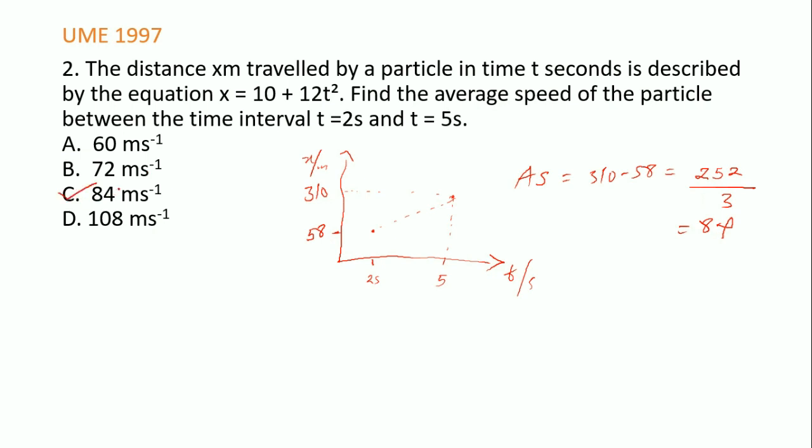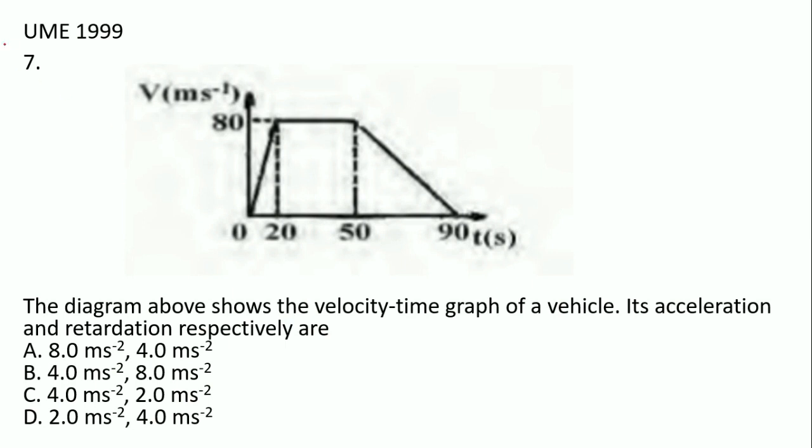Option C. The next question, we've got UTME 1999 question number 7, and the diagram above shows the velocity time graph of a vehicle, its acceleration and retardation respectively. We need the acceleration for this one. The acceleration for this is going to be change in velocity, 80 divided by 20, which will be 4 meters per second square.